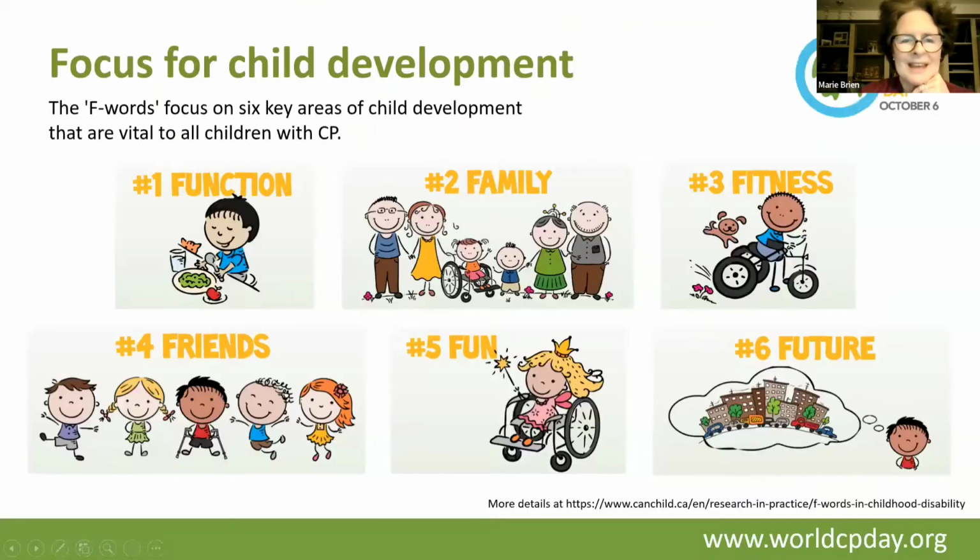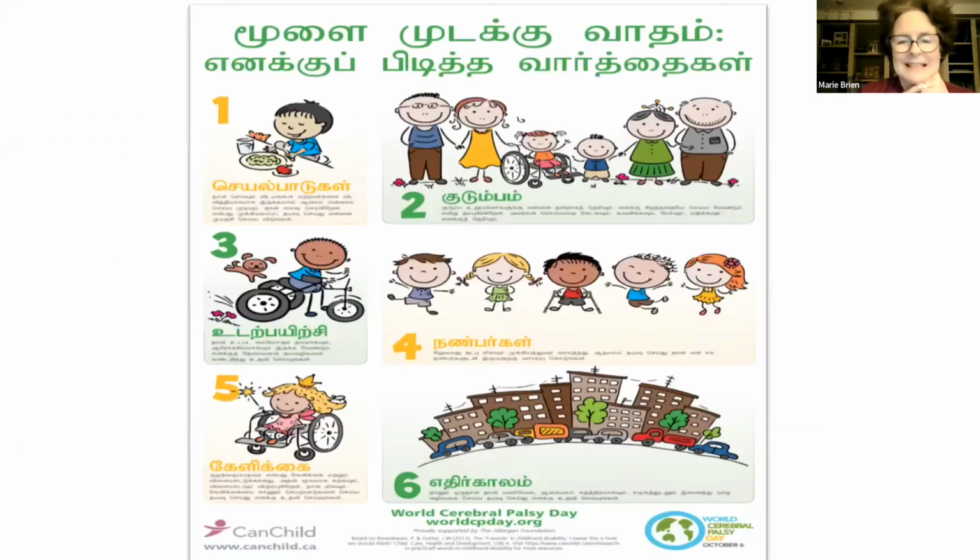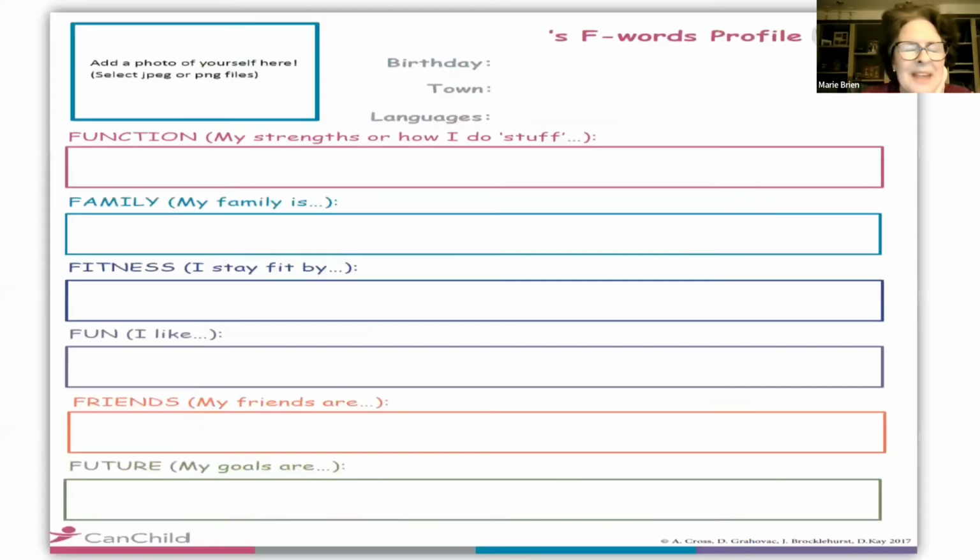And again, you can go to the canchild.ca website and there are various videos, and it's been translated into many different languages and various Indian languages as well. So this one we have on the wall at Amar Seva Sangam. And there are various ways to look at the goals in each of the domains.